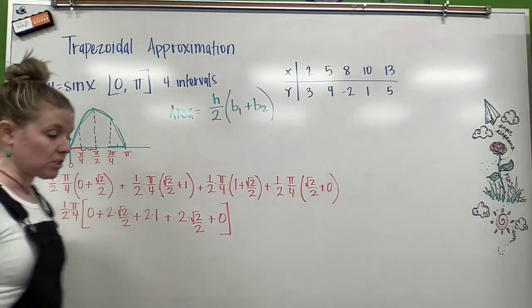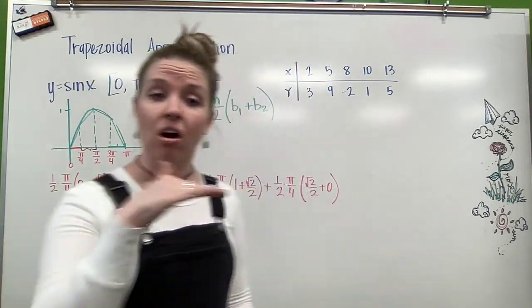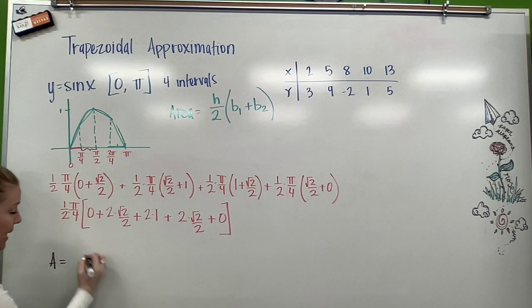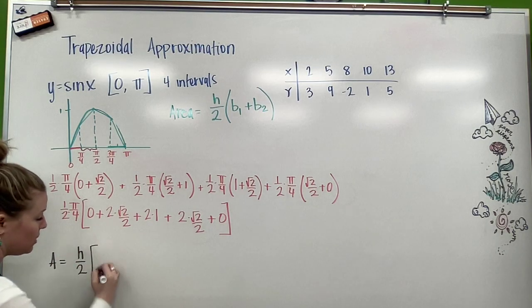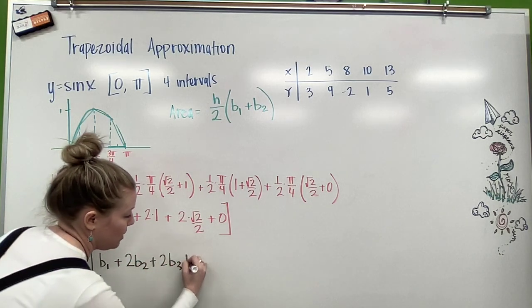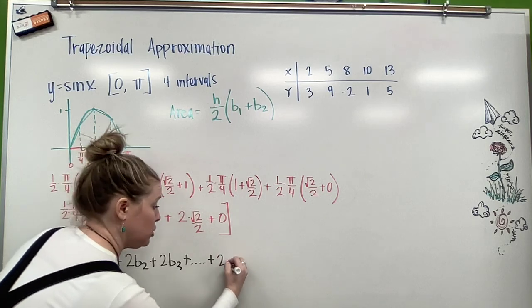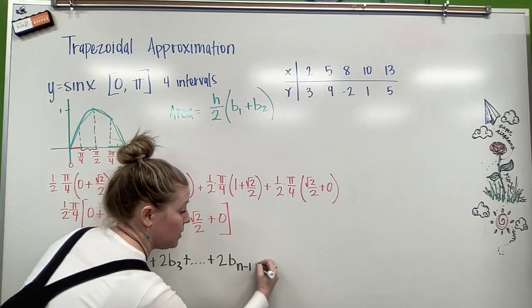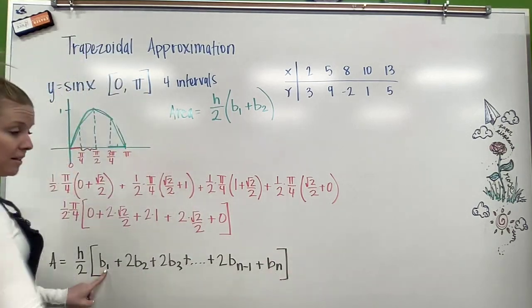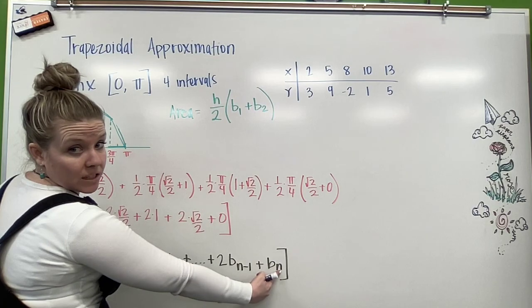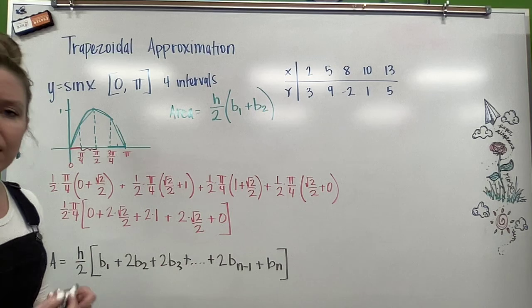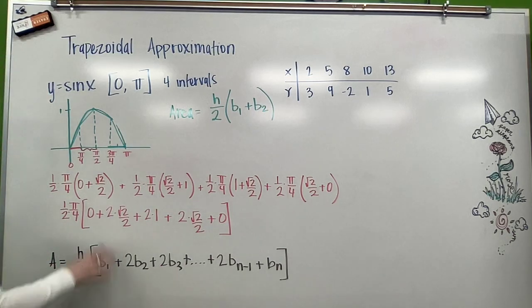That pattern is going to hold true as long as our height is uniform. So our area is going to be height over 2, base 1, plus 2 base 2, plus 2 base 3, plus, and then we're going to have 2 base n minus 1, plus base n. To show here that our first and last bases you only use once. Everything else gets doubled. A nice little shortcut for finding the area using trapezoidal.